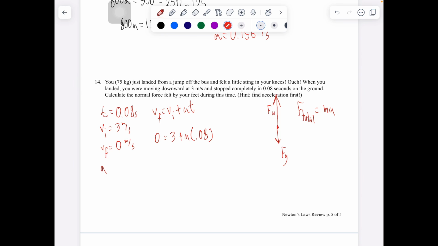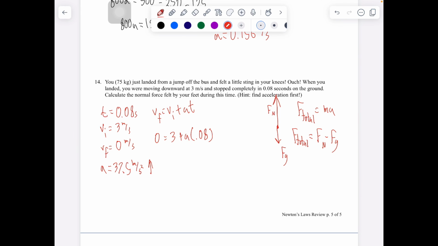Let's find our acceleration. 3 divided by 0.08 gives us an acceleration of 37.5 meters per second squared upward. The upward acceleration is caused by an upward total force. We can write out, using our free body diagram, the total force is normal force minus our force of gravity.